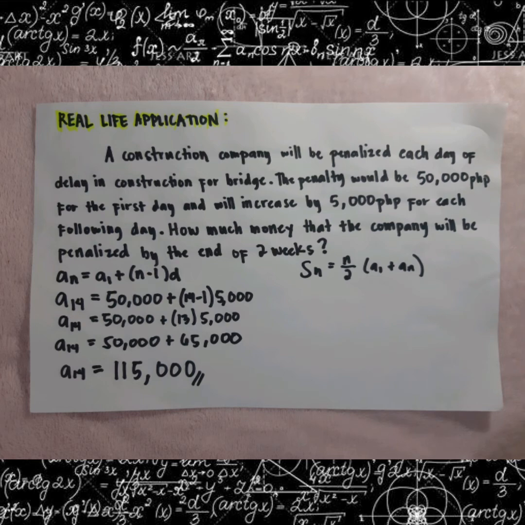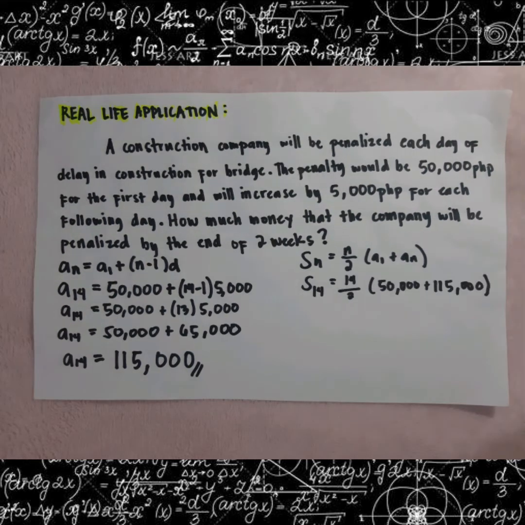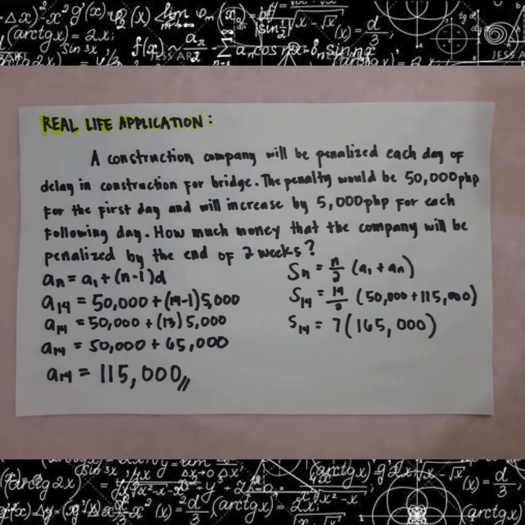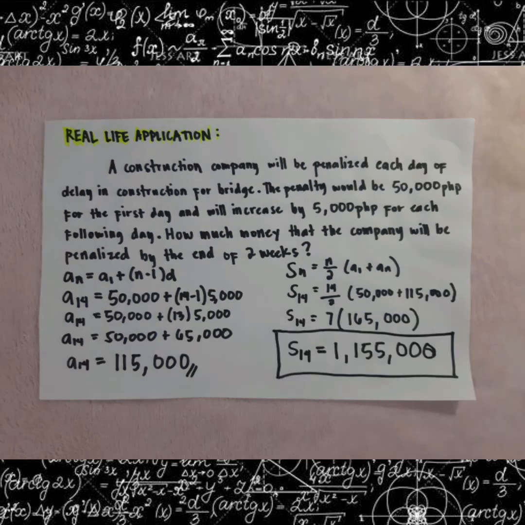So now that we've got the 14th term, we need to plug it in with the other values in the arithmetic series formula. So the equation would be S sub 14 is equal to 14 divided by 2 times 50,000 plus 115,000. 14 divided by 2 is equal to 7. 50,000 plus 115,000 is equal to 165,000. 165,000 times 7 is equal to 1,155,000, which is S sub 14.